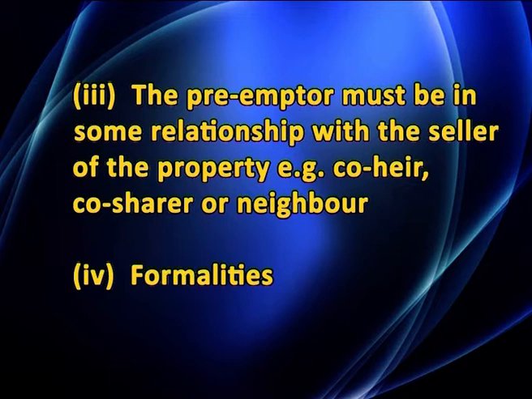The third thing is that the pre-emptor must be in some relationship with the seller of the property, for example, a co-heir, co-sharer or a neighbor. Then the fourth essential thing for executing a pre-emption is that certain formalities are to be fulfilled, which we shall be discussing at a later stage of our discussion.